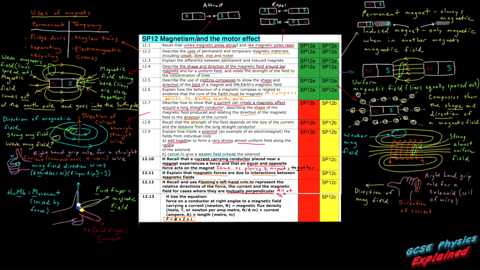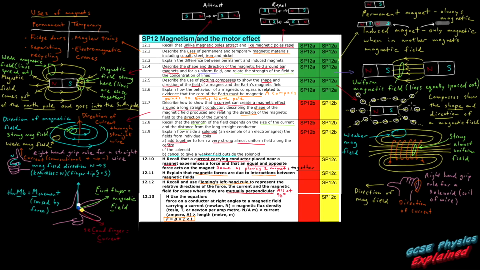Describe the use of plotting compasses to show the shape and direction of the field of a magnet and the Earth's magnetic field. So for the field around a magnet, what you basically do is just put plotting compasses all over the place. You can see I've strategically placed them to show that the field comes out of the North Pole and goes into the south.